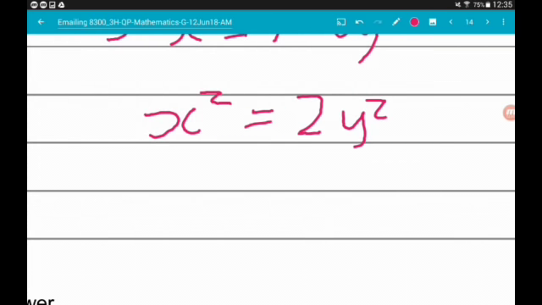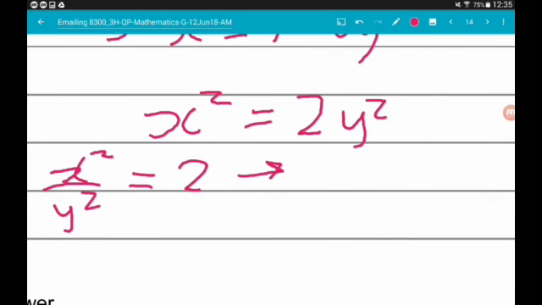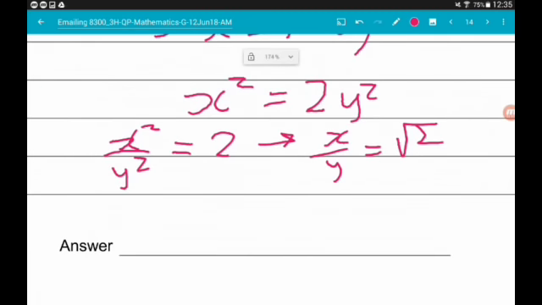So we get x squared over y squared is equal to 2. And then the last thing we want to do is turn x squared over y squared into x over y. So we're square rooting both sides. So we're going to get x over y is equal to root 2. So our final answer is root 2. Tricky.